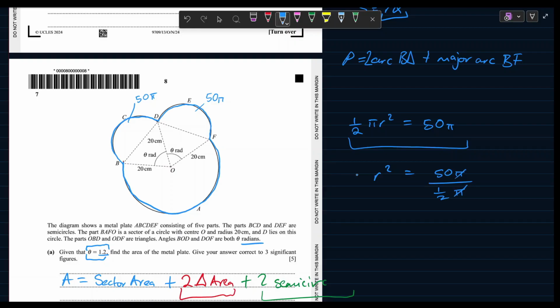The pi's would cancel out, then you've got 50 over half, which is 50 times 2, so r squared is equal to 100. And if you take the square root on both sides, you get that r is plus or minus 10, but r represents distance. Distance is going to be positive, so we can disregard negative 10. So it means the radius of our semicircle is 10 centimeters.